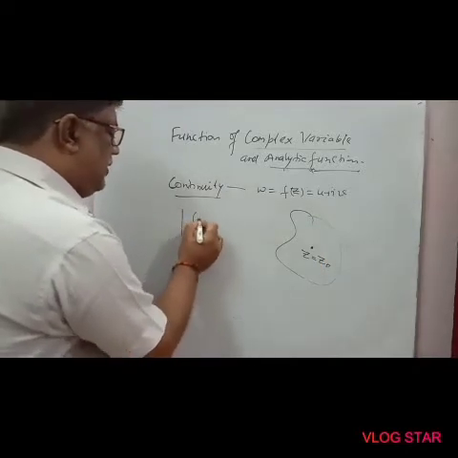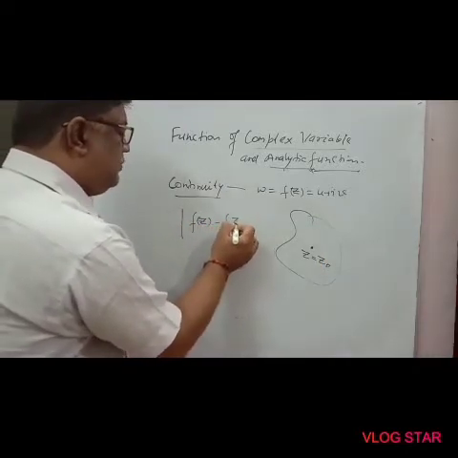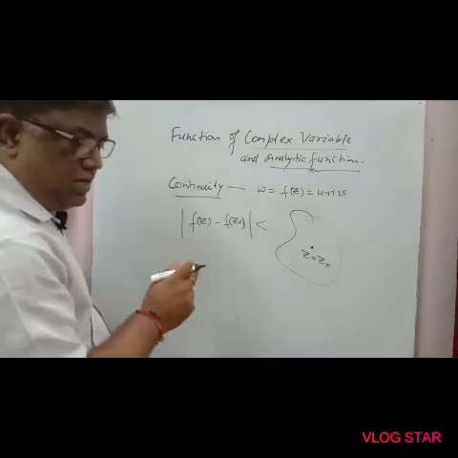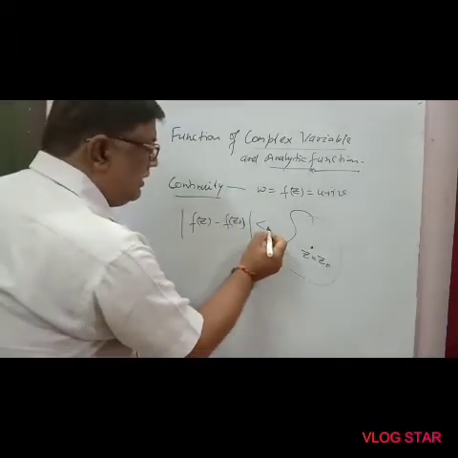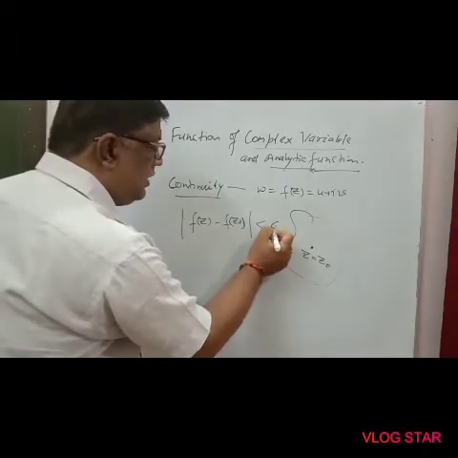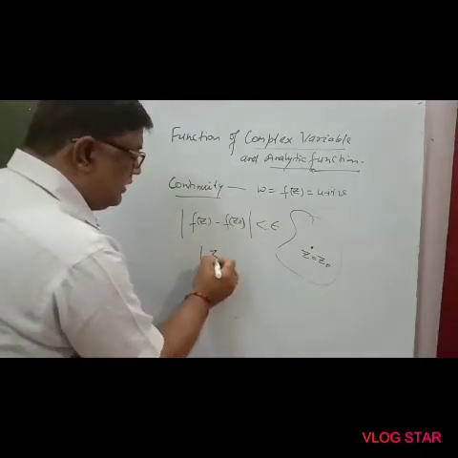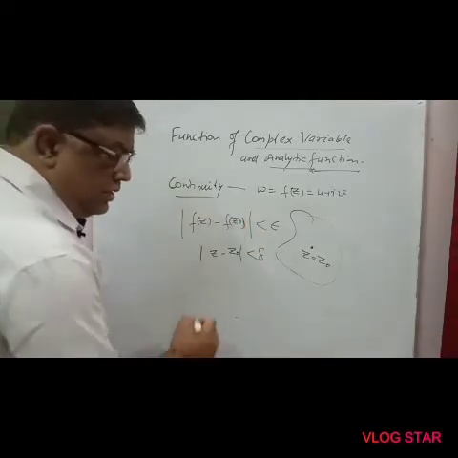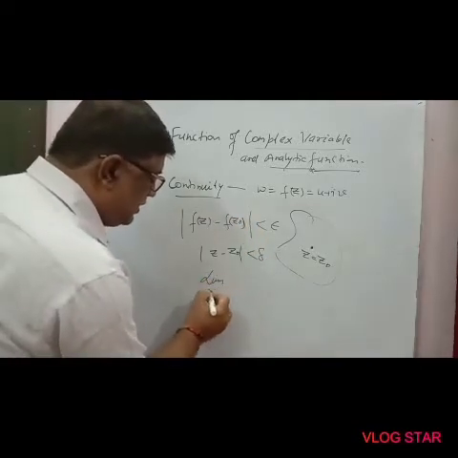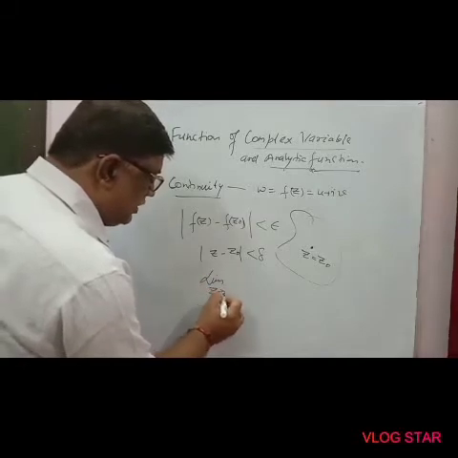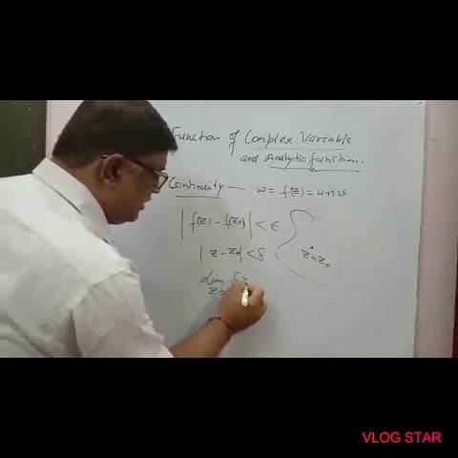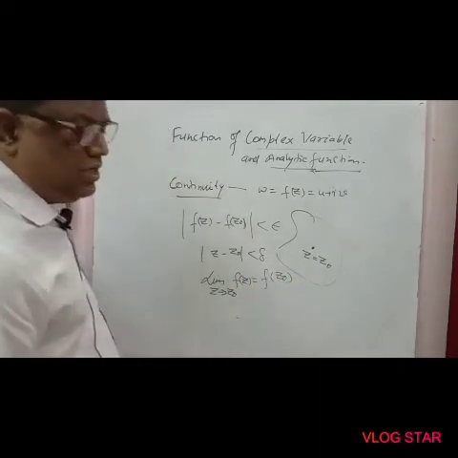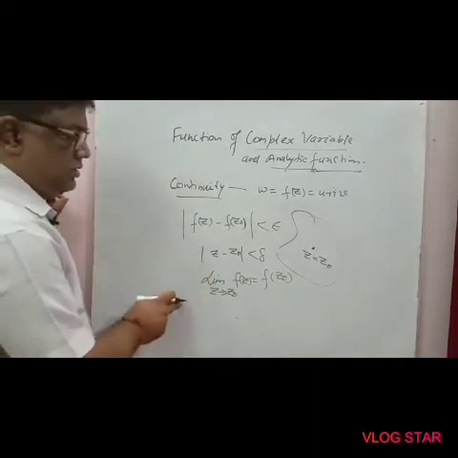Then the modulus of f(z) minus f(z naught) is less than a small number, epsilon, and modulus of z minus z naught is less than eta. Then the limit as z tends to z naught of f(z) is equal to f(z naught). This is called the continuity of that function.